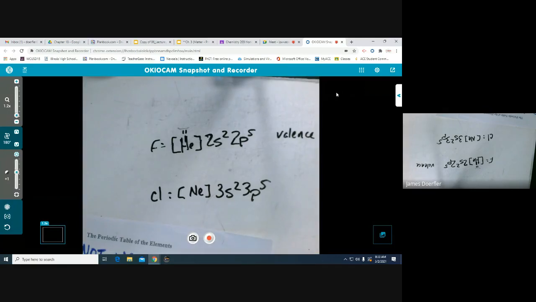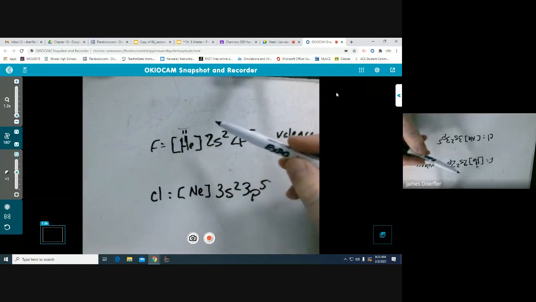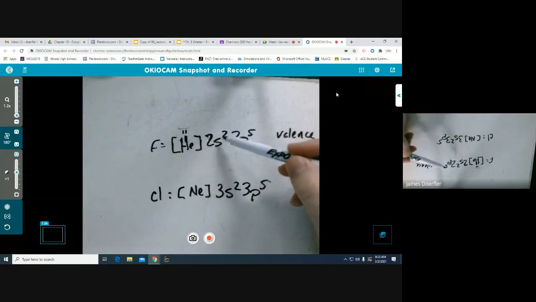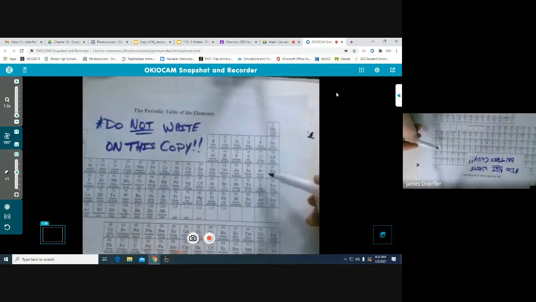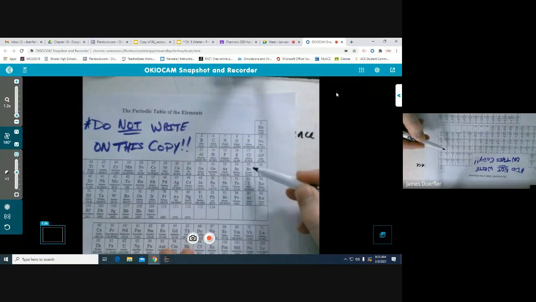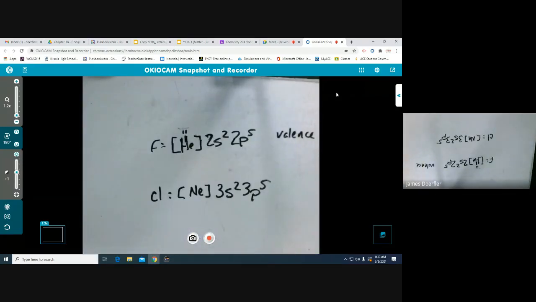Keep the highest energy level. But when I write it like this, you notice that both end as s2 and p5. s2 and p5. You see that? Yeah? How do you think bromine's going to end? s2 and p5. Okay, just a different energy level.